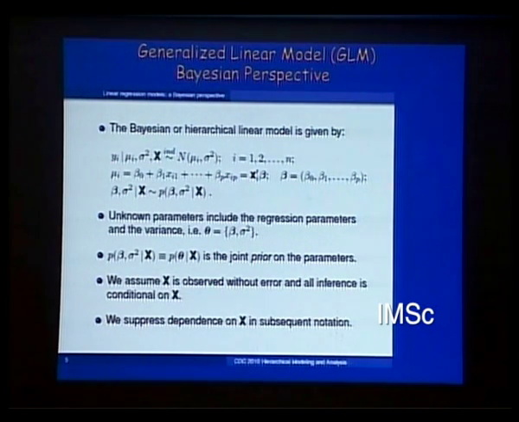Beta is a vector of model parameters, and just like in linear regression, you have two sets of parameters: theta is essentially the coefficients beta and the error variance sigma squared. So you have to estimate those two, and then you have some prior on this.